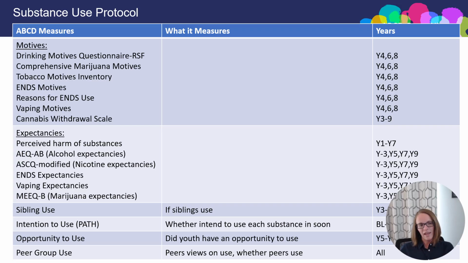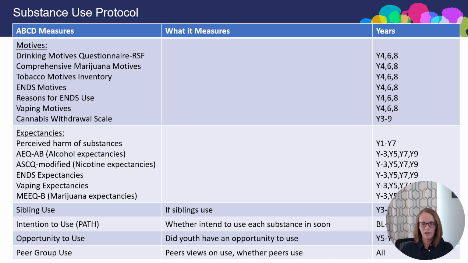We also have a cannabis withdrawal scale to test for those who might be experiencing some cannabis withdrawal symptoms. Again, you can pair that up with things like the PLUS form to talk about recency of use and what a teen might be experiencing and how that impacts their cognition or mental health or other aspects of functioning.